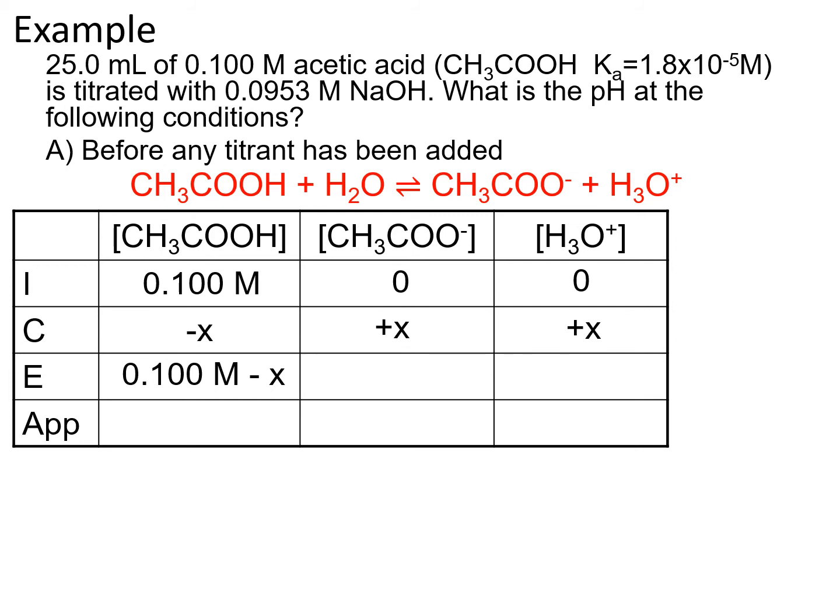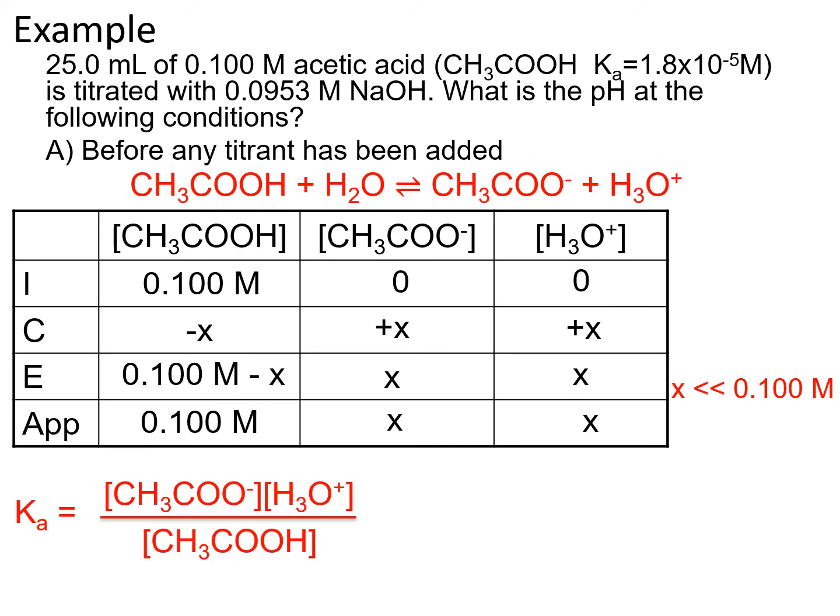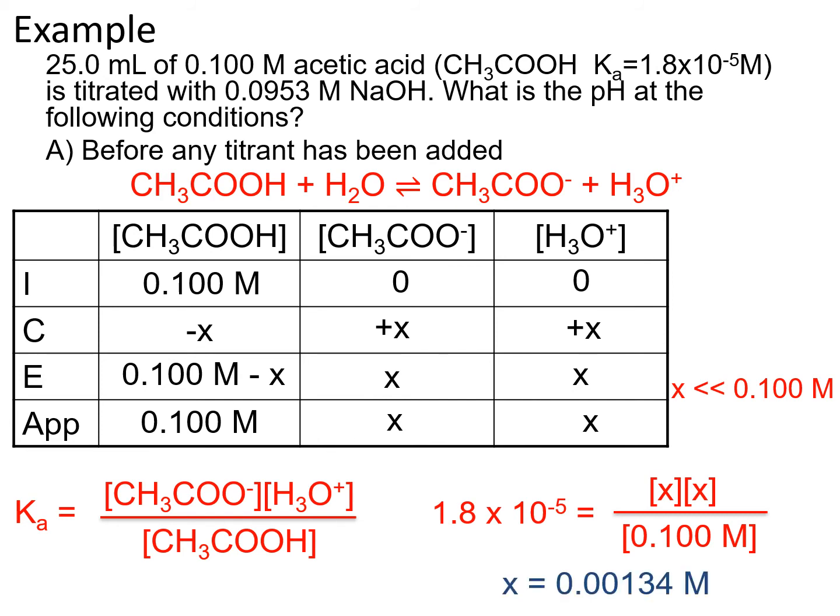My equilibrium row will just be the sum of both of those. And since my Ka is smaller than 10 to the negative fourth, I know that I can use my approximation here. Make sure we're writing that it's smaller than 0.1. From here, I can then set up my equilibrium expression. And if we do the math here, I'm going to get x equal to 0.00134 molar.